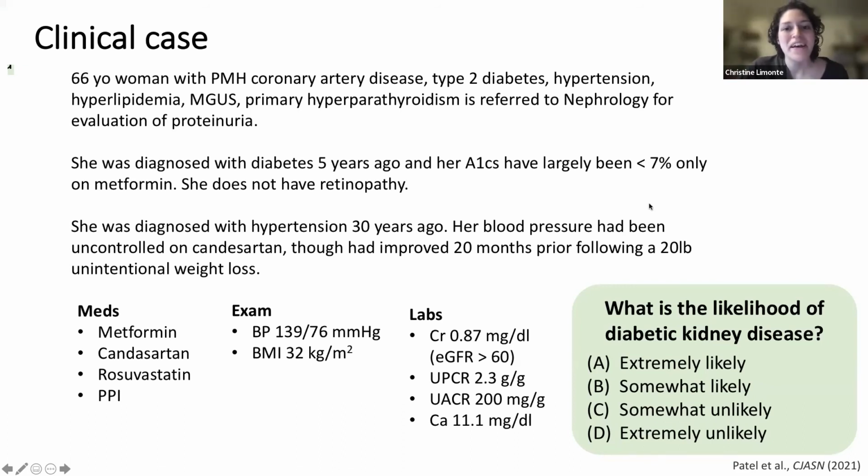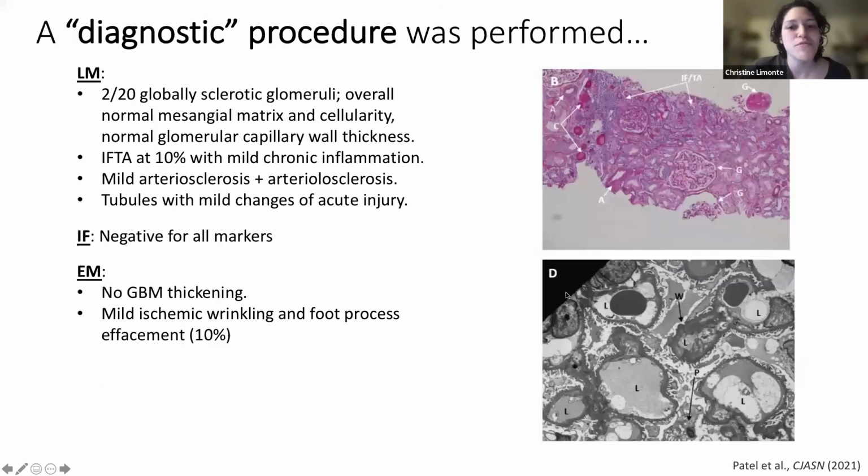So a diagnostic procedure was performed, a biopsy, which demonstrated 2 out of 20 globally sclerotic glomeruli with overall normal mesangial matrix and cellularity and capillary wall thickness. It's mild IFTA, 10%, with mild chronic inflammation, and mild arterial sclerosis and arteriolar sclerosis, as well as tubules with some changes of acute injury.